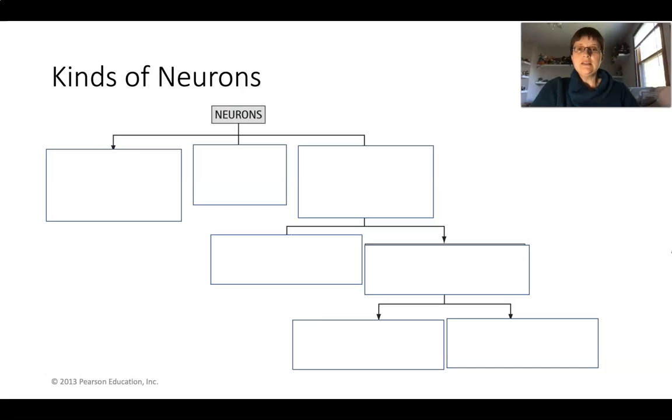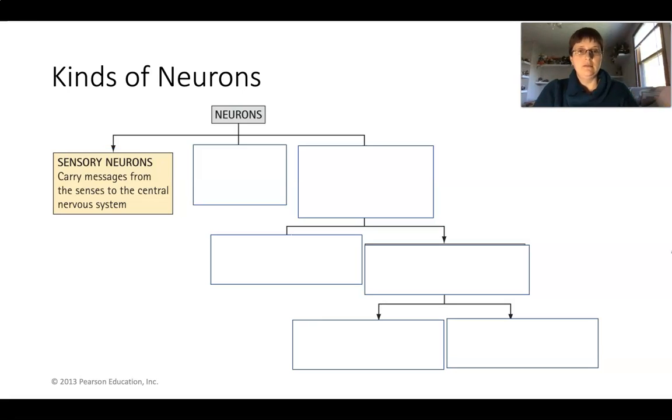So the thing is that there's not just one type of neuron. Now they're all pretty much designed the same way, right? Dendrites, with cell body, and then the axon stretching out. But what they're used for and where they're found is going to depend on what we call them. So we've got sensory neurons.